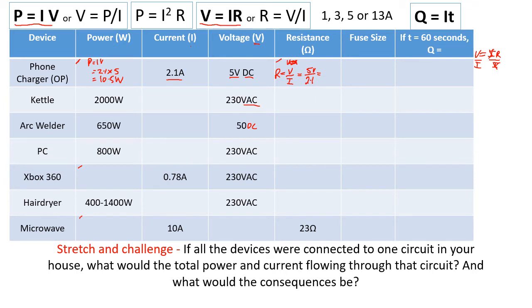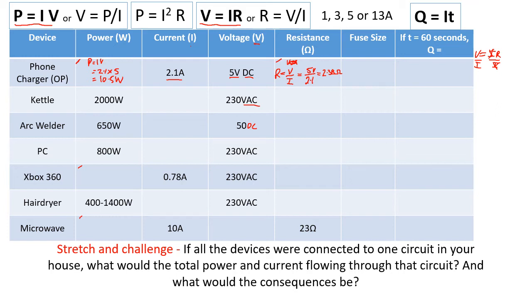Now if your calculator's like mine, it will come up with a fraction. Don't use fractions in electricity. We want to use, let's say, 2 decimal places unless we're told otherwise. So this would be 2.38, and it's ohms.